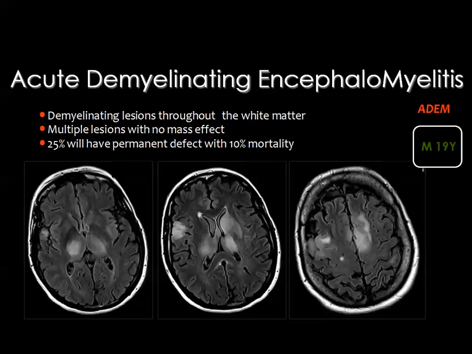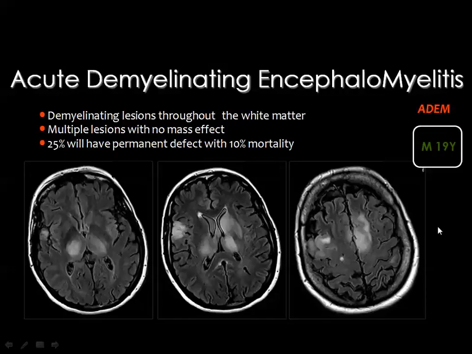Acute demyelinating encephalomyelitis, or ADEM, is one of the viral infections of the brain, and it usually results in patches within the white matter, which are almost similar to the MS lesions in the brain parenchyma.